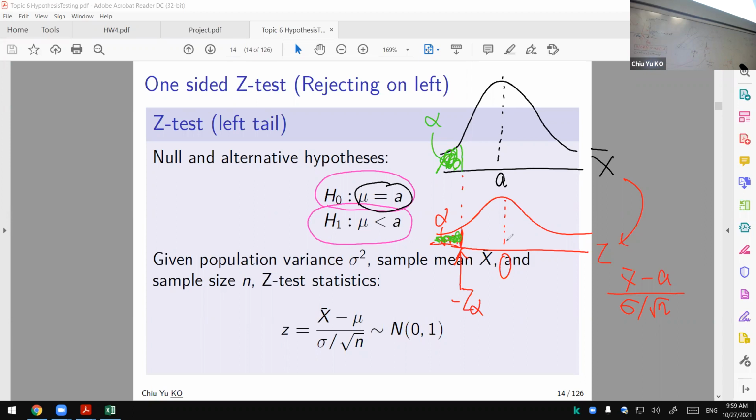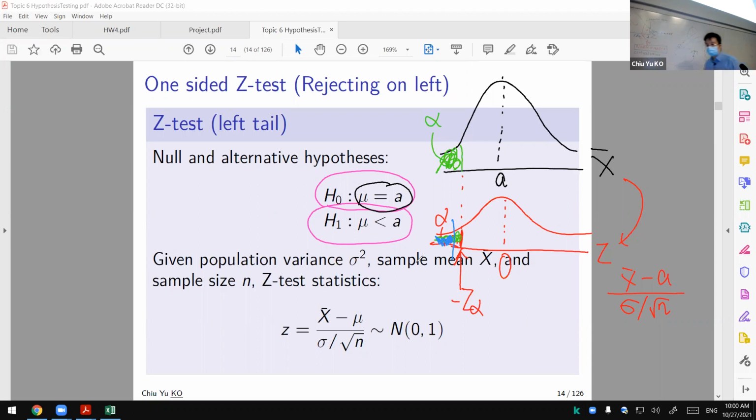Look at the data and see where it is, and calculate the area on the left. If this area is less than alpha, you also reject, because less than alpha means that it's also very far away. So there are two ways to do it. Either you compare it with C alpha or calculate the p-value.